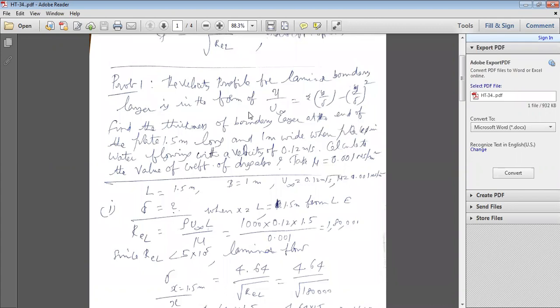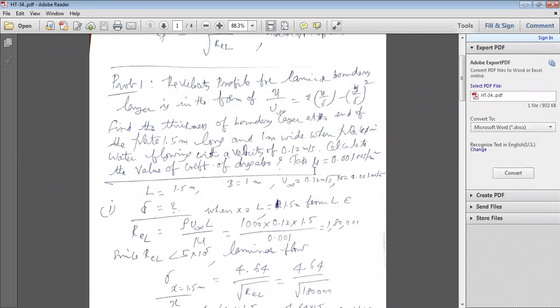What is the length of the plate? L, the length of the plate, is 1.5 meters, and the width B of the plate is 1 meter. The velocity of the fluid, U free stream, is 0.12 meter per second.